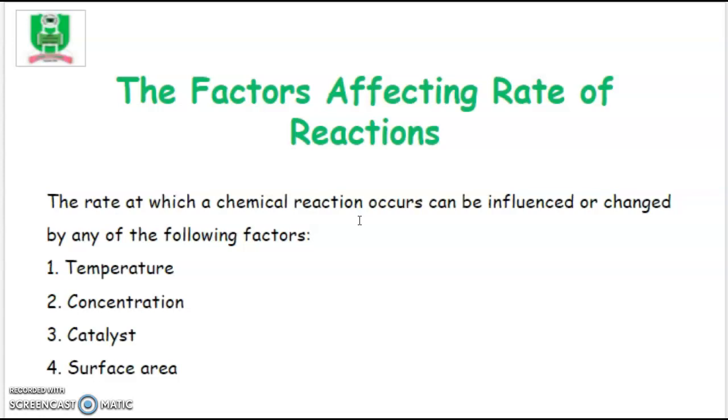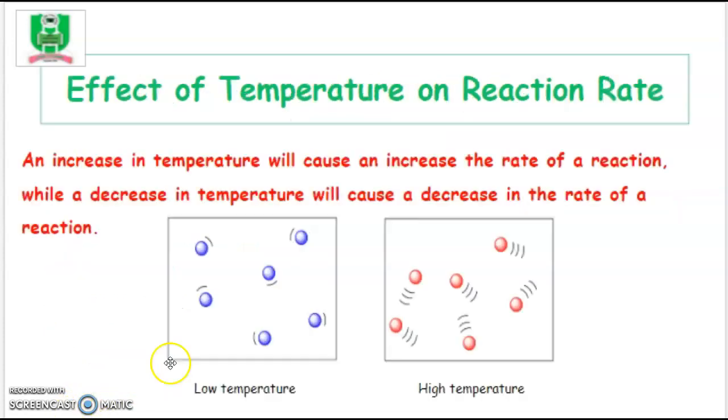Some of those factors include the temperature at which the reaction is occurring, the concentration of the reacting particles, the presence of a catalyst, and the surface area of the reacting particles. Now let's start by looking at the effect of temperature on the rate of a reaction.